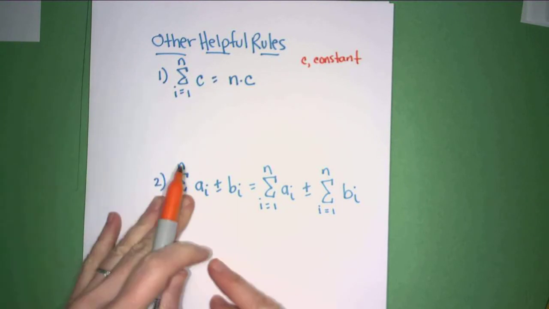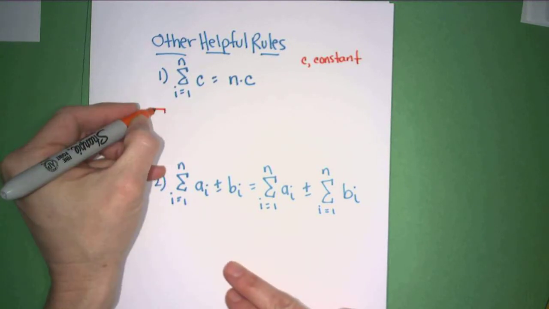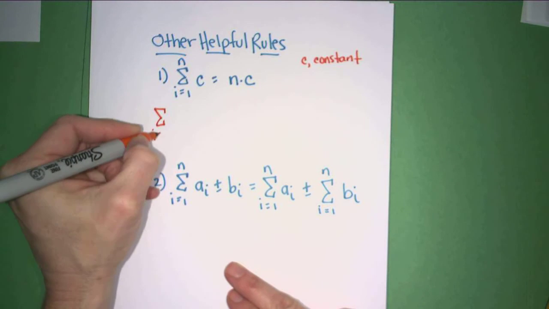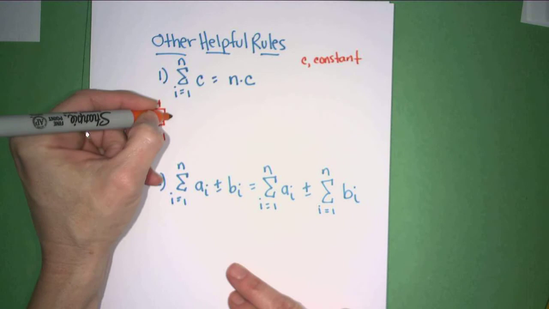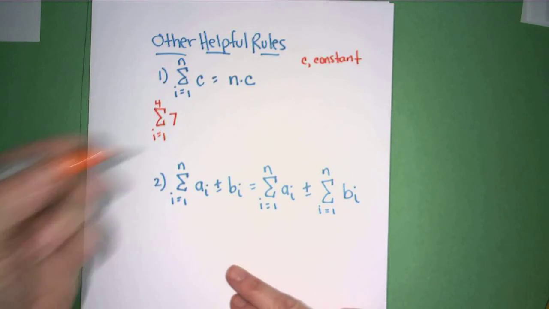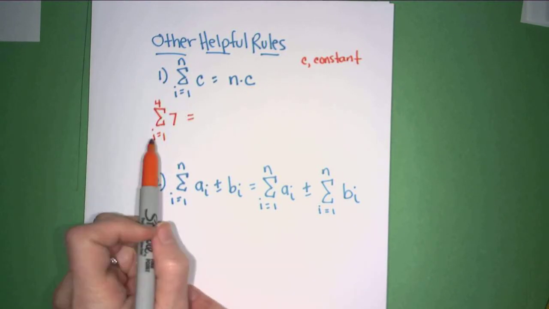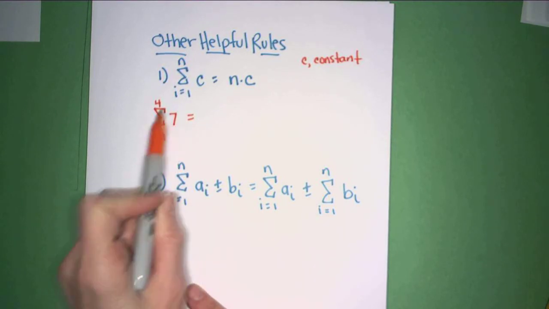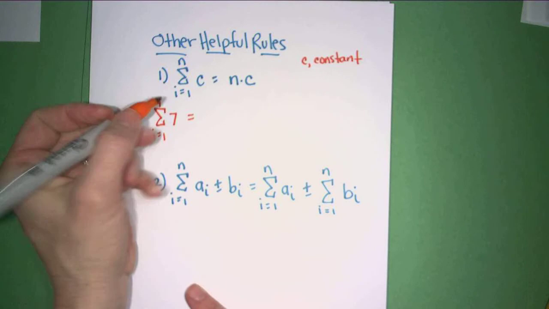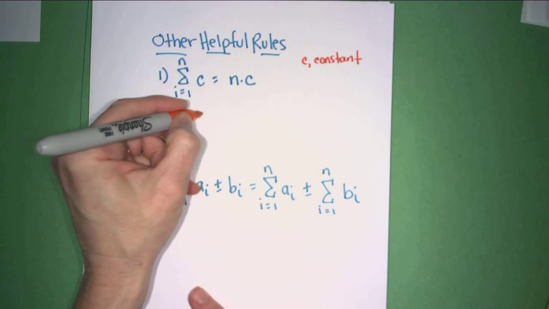Let me show you how that works. So let's use that 4 again. So say we're summing up I equals 1 to 4 of the constant. Let's pick the constant 7. Okay? So if we try to plug 1 in for I, there is no I. There's no variable. It's just a constant. So if you plug 1 in for I, you're still going to have 7.